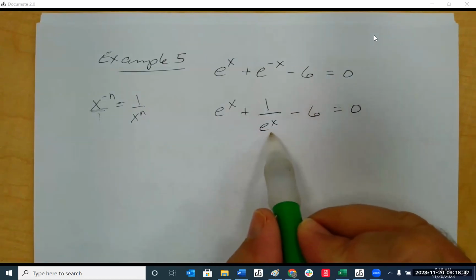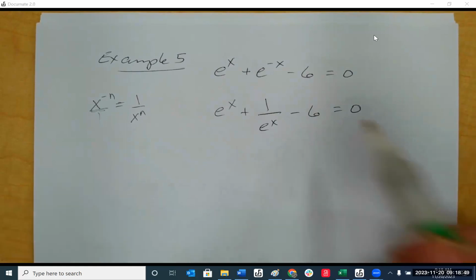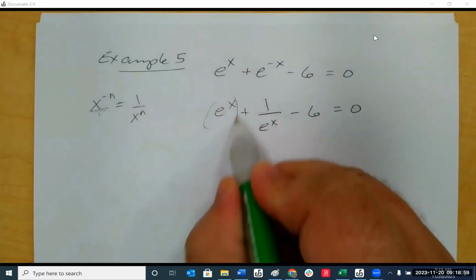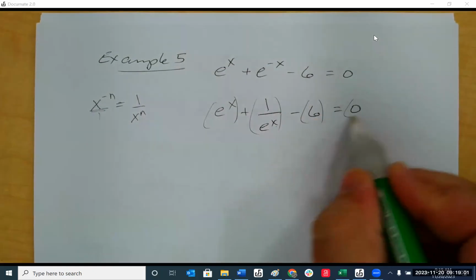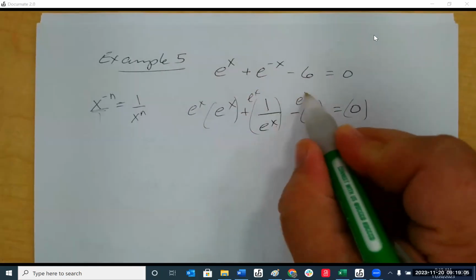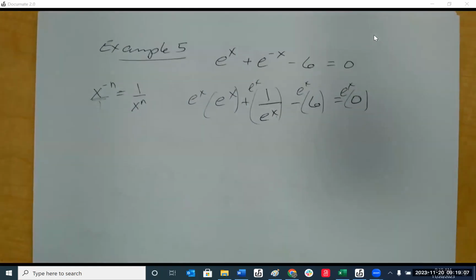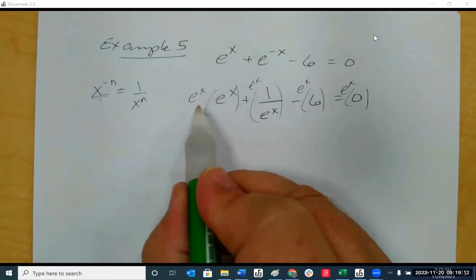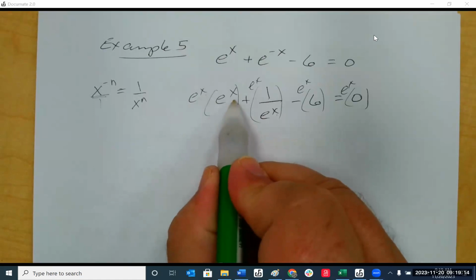We can't have fractions and an equal sign. So multiply by the LCD. What's the LCD? What's the only denominator? e to the power x. So I multiply each term by e to the power x. e to the x times e to the x.